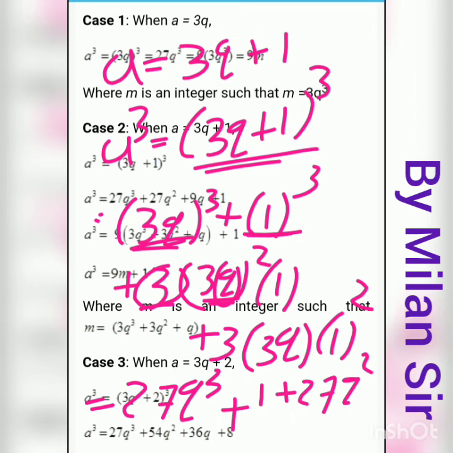Multiplying with 1 we get the same answer. So here 27q square. And the last term: 3 threes are 9, so 9, and one time we have q, so 9q.